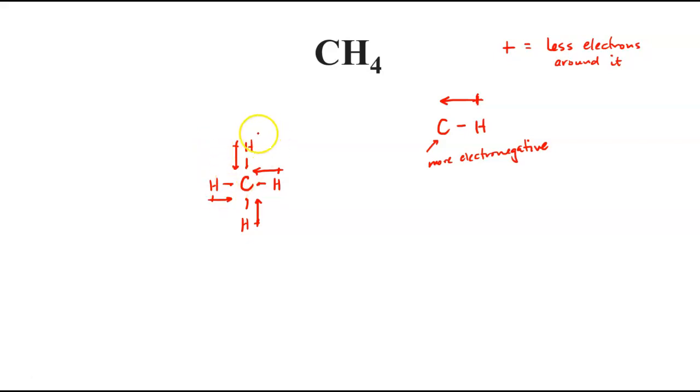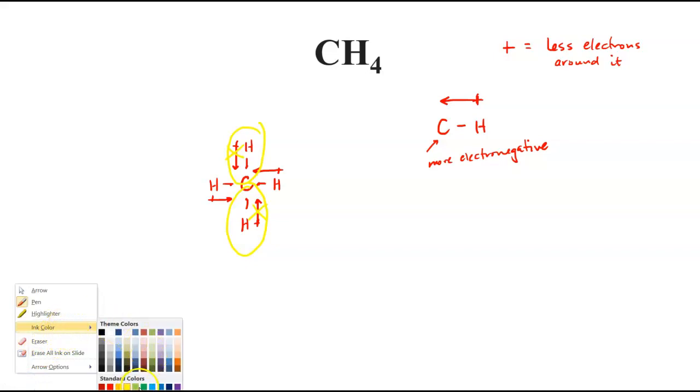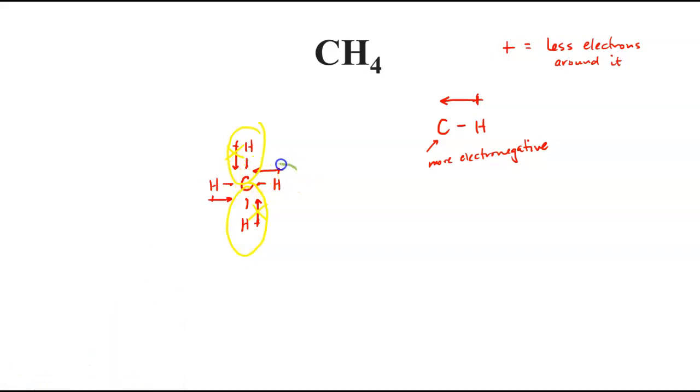So this dipole right over here is equal and opposite to this dipole. Okay, so for that reason, these cancel out. Now let's take a look at the other two dipoles. This dipole is pointing to the left, and this dipole is pointing to the right. They are equal and opposite, so these cancel out.